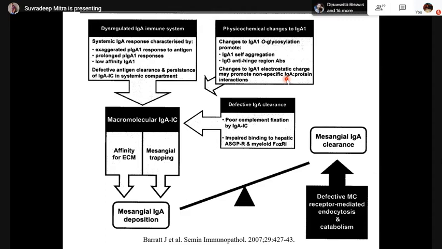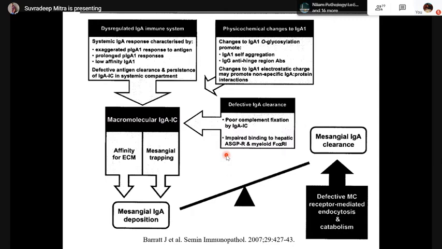So what is the problem when there are larger molecules and there is defective clearance? There is formation of macromolecules of IgA, which are difficult to be eaten up and taken up and cleared from the circulation. So you see that the IgA clearance becomes defective. So in a genetically predisposed individual with the right kind of environmental insult, such large molecules of IgA are difficult to be cleared by asialoglycoprotein receptors, which are present on the hepatocytes in the space of Disse.